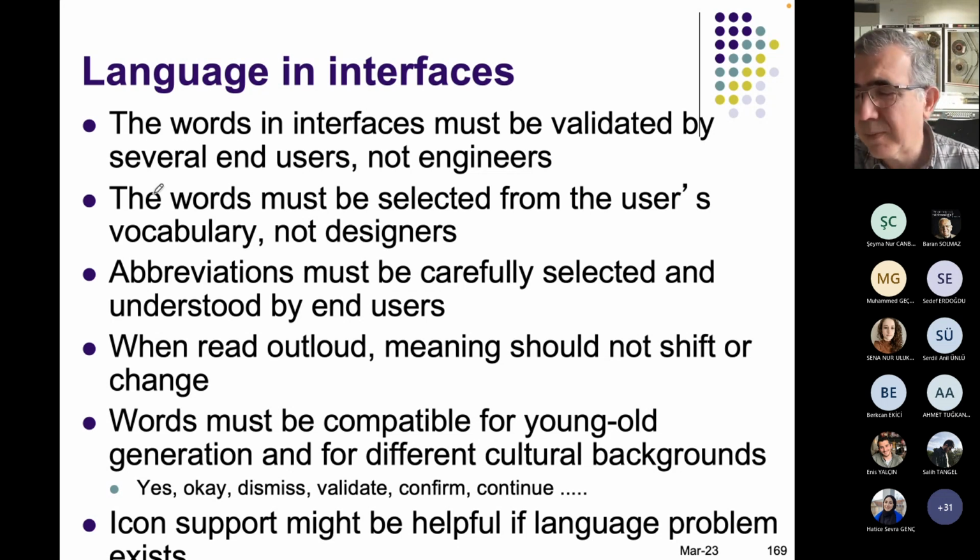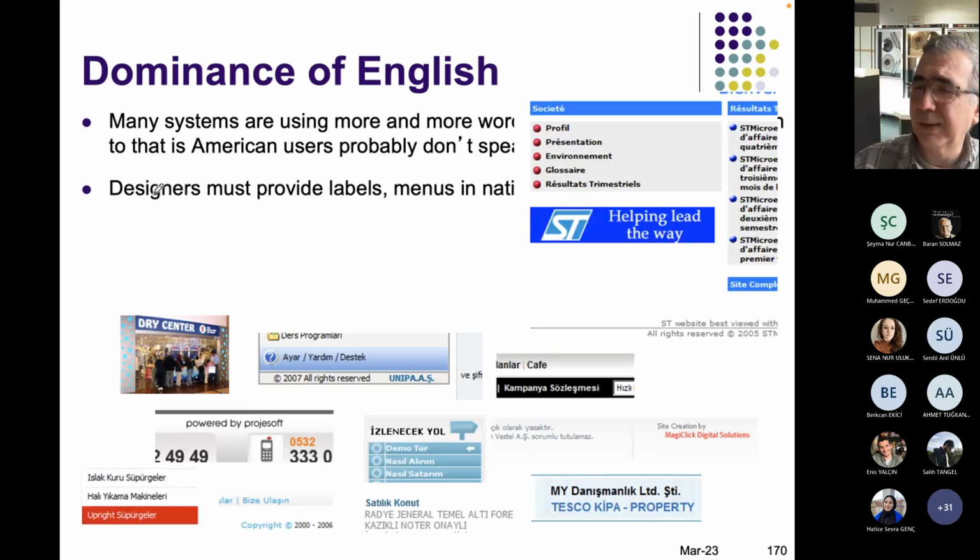In any language, with the correct emphasis. If there are language problems, also support it with icons such as check marks, etc. And many interfaces have English dominance. These are from Turkish websites.